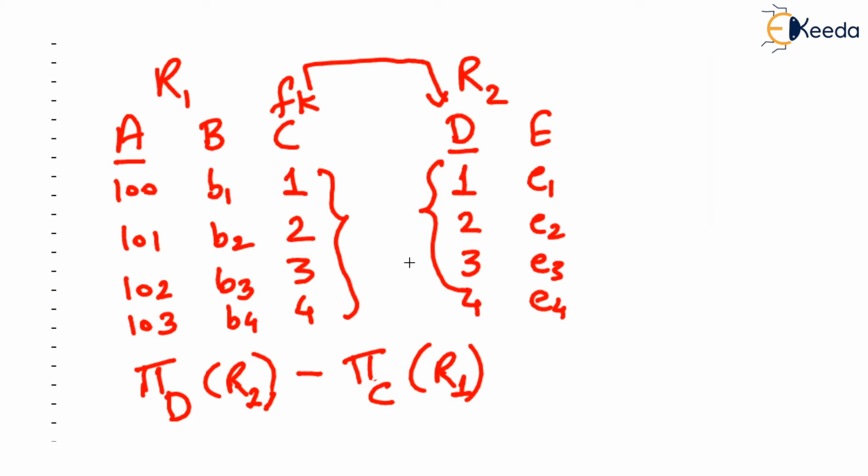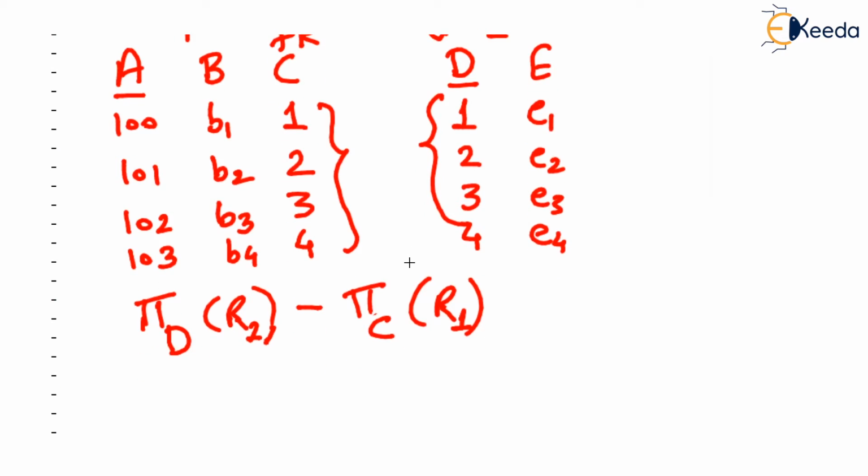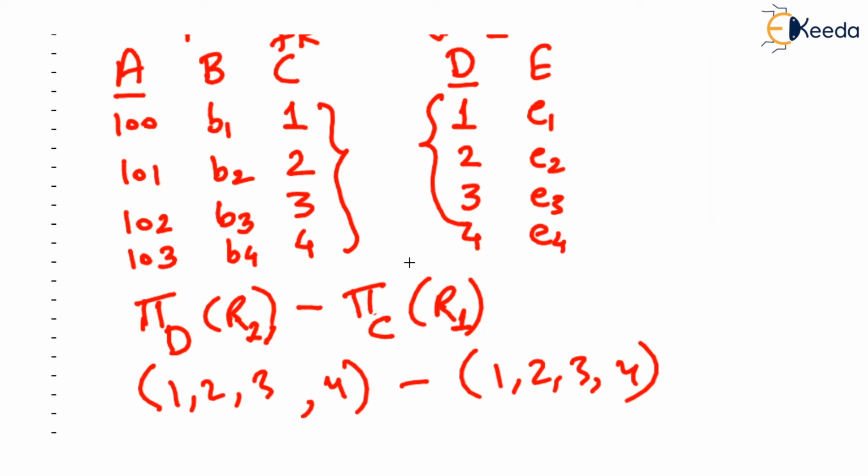If this is R1 and R2, then what is going to be the result of this projection? Project D from R2 is going to produce 1, 2, 3, 4, and project C is going to produce 1, 2, 3, 4. And if you now see, the subtraction is going to produce an empty result. This is an empty relation.